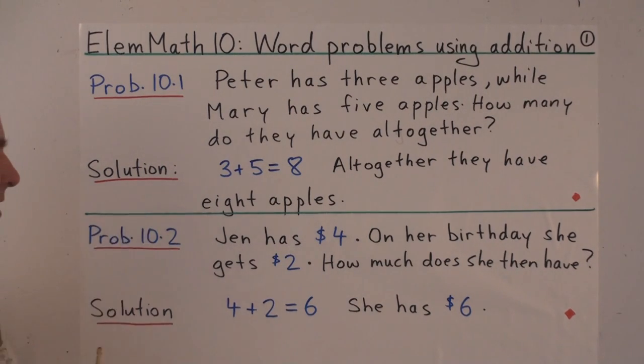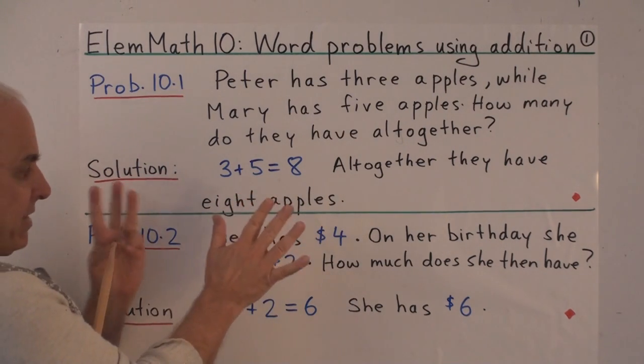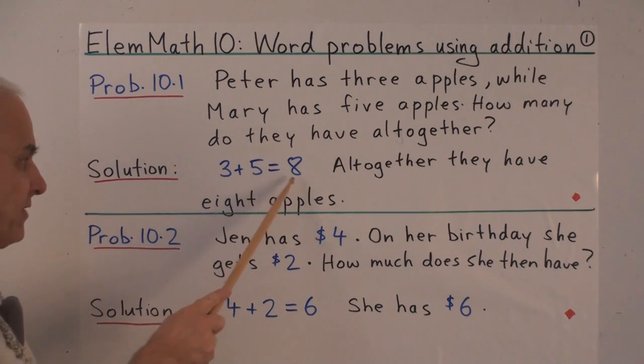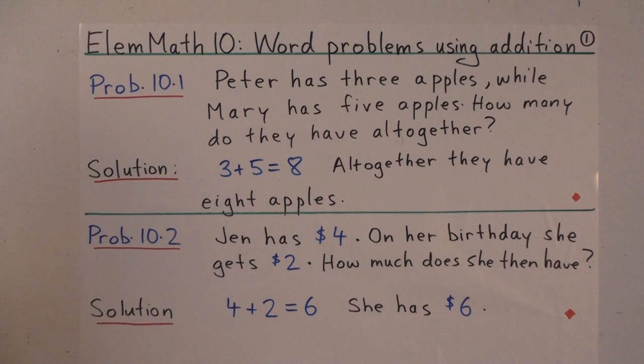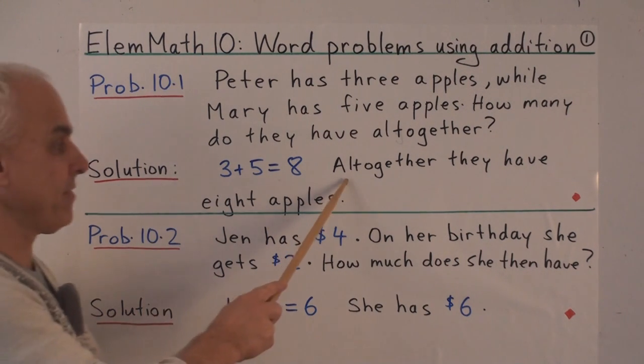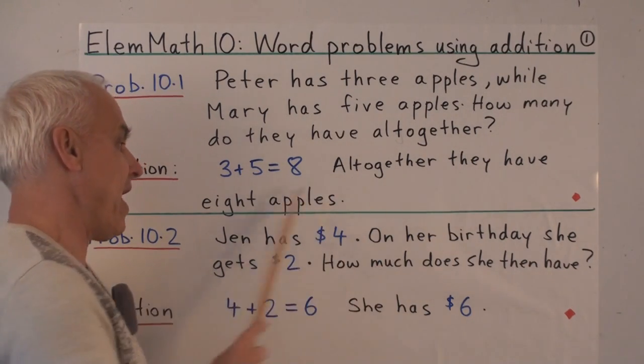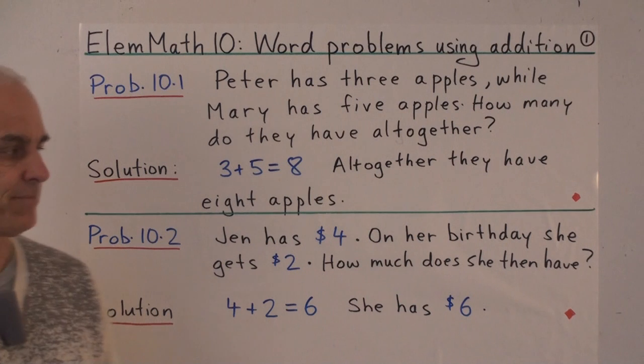So we have 3 and 5 and we're adding them together. And hopefully we know by now that 3 plus 5 equals 8. Having done that computation, we can write the answer in a sentence form. We can write: altogether they have 8 apples.